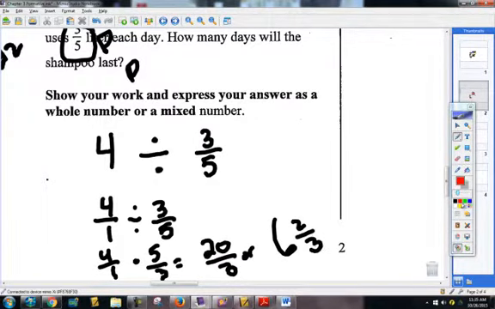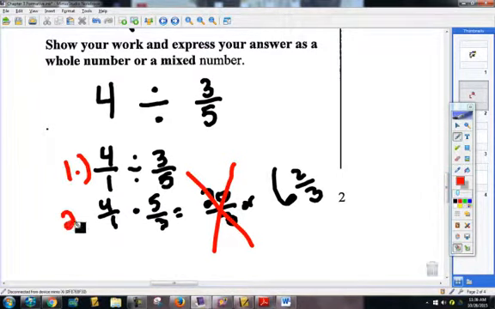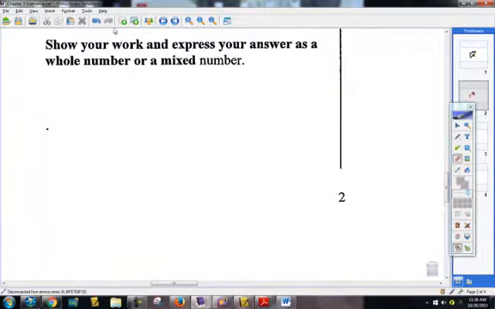Now, listen, I'm going to accept a couple different answers. First of all, if you just left it as 20/3, that's wrong. By the way, this is step 1 and 2. Now, if you actually went ahead and said that means that they'll be able to use it for 6 days, I will accept that.